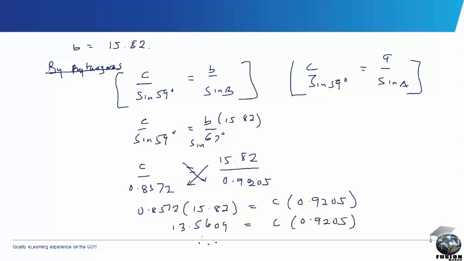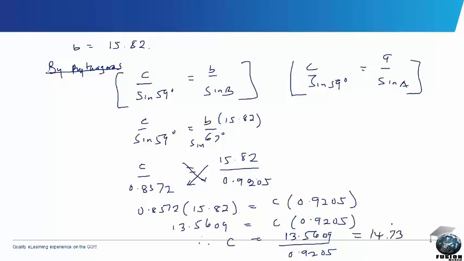So therefore from this point C is equal to 13.5609 all over 0.9205, which will give you a total outcome of 14.73.